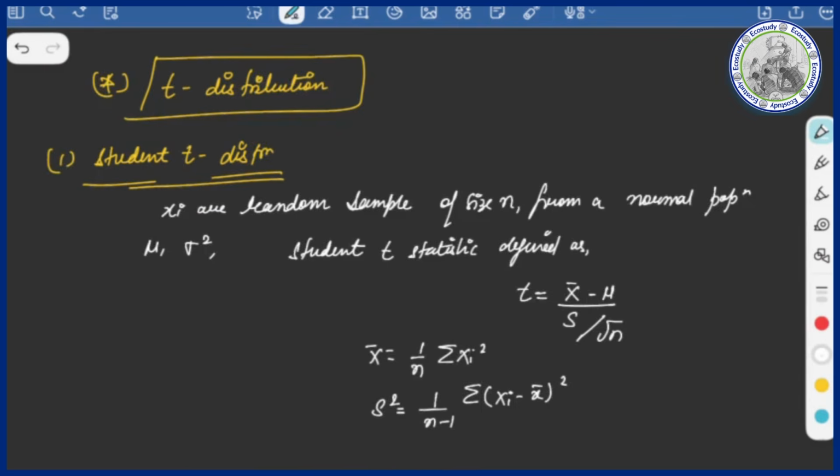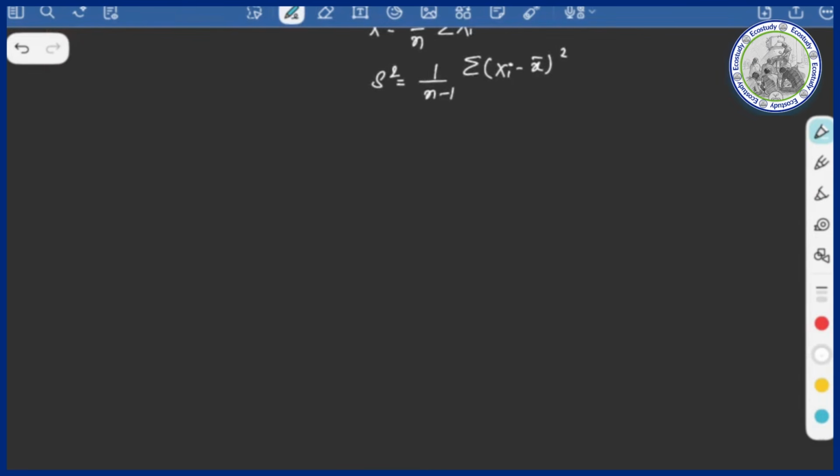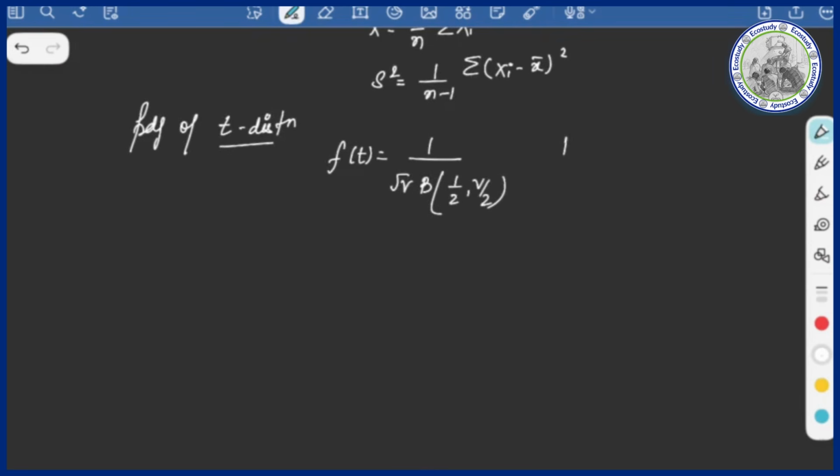And what is the PDF of this distribution? The PDF of the t distribution is f(t) equals 1 upon root v times B(1 by 2, v by 2), into (1 plus t square upon v) to the power minus (v plus 1) by 2.